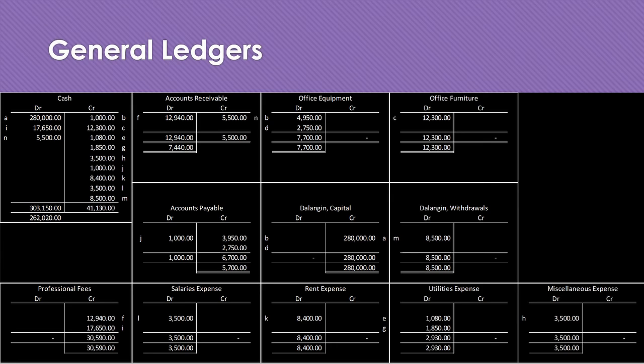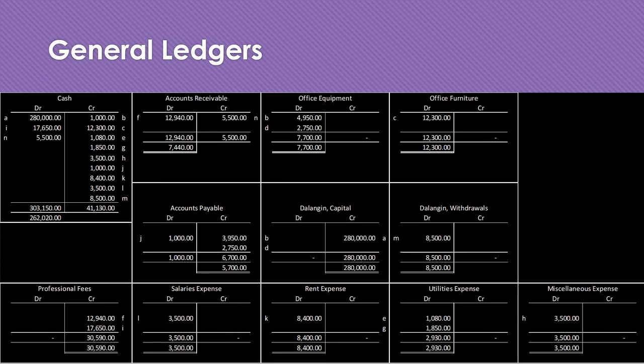Okay, letter B naman, hanapin mo si B. Okay, so letter B, office equipment increased.